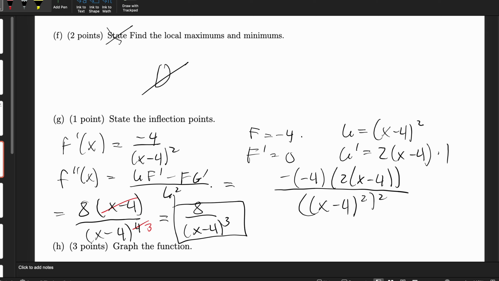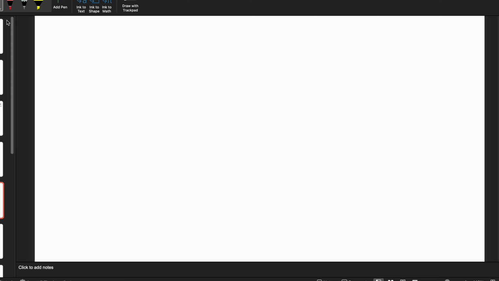Very good. Okay, so what was the point of doing all this? It was to find the inflection points. I know that f double prime of x is 8 over (x − 4) cubed, and I want to find the inflection points.